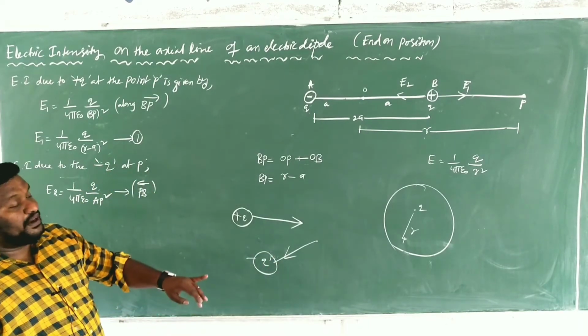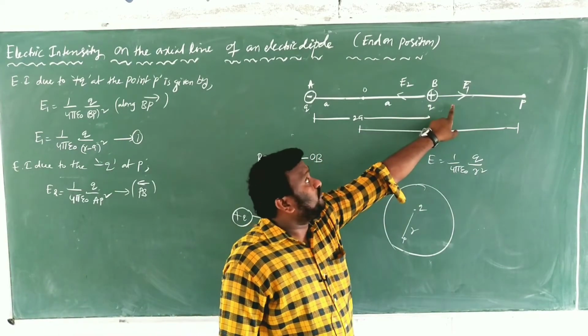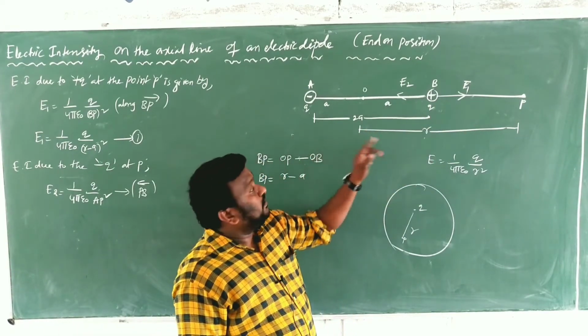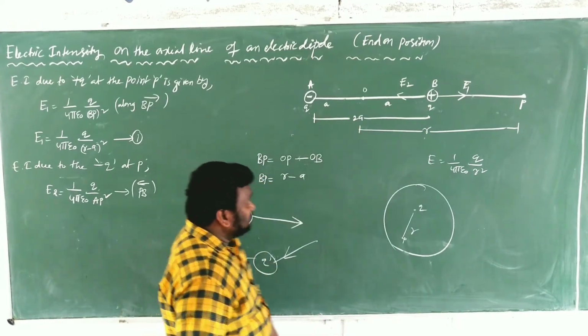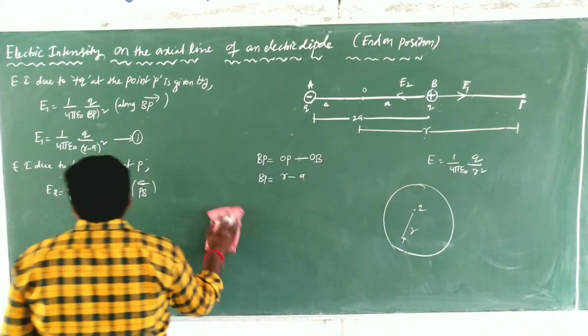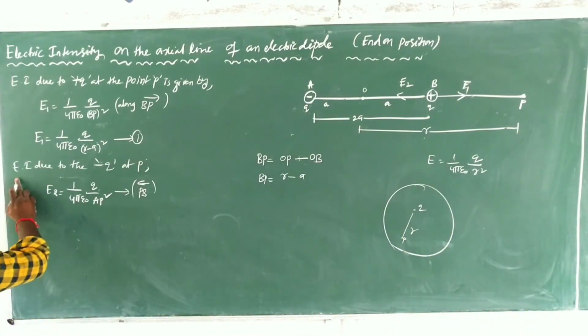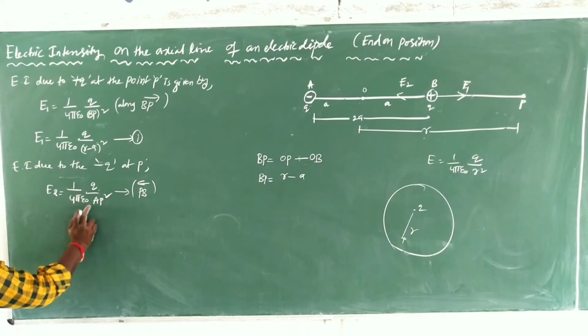So according to the properties of electric field lines, we are showing that E2 is in the direction of PB or BA, anything. So we are writing like that. So electric field intensity due to the minus Q at P is given by formula what it is? E2 is equals to 1 by 4 pi epsilon naught Q by AP square, AP whole square.